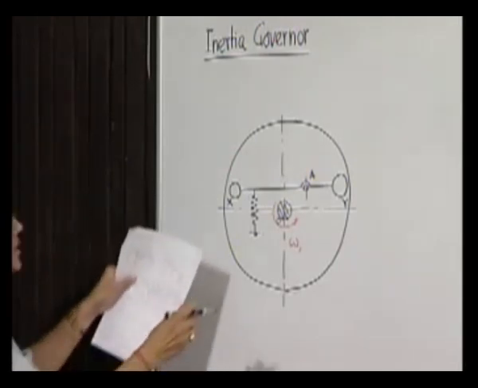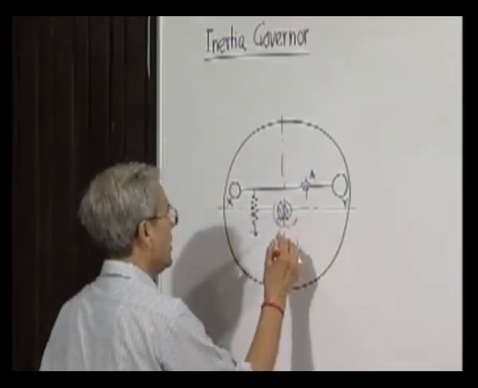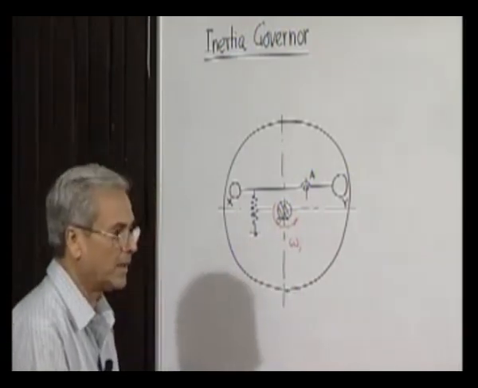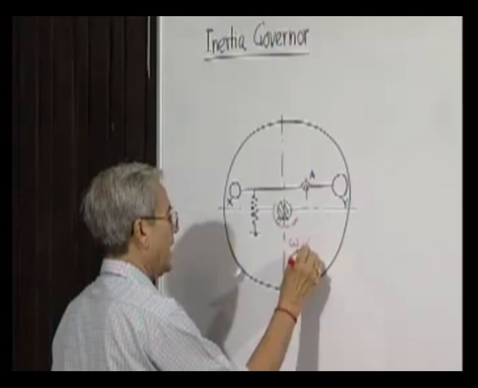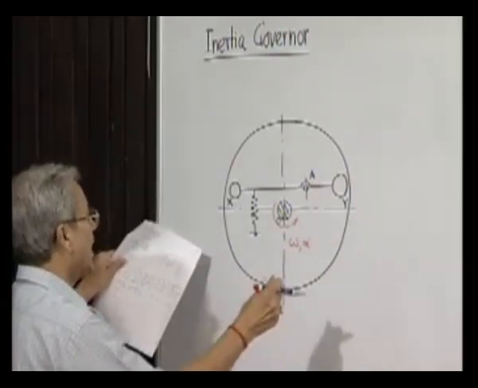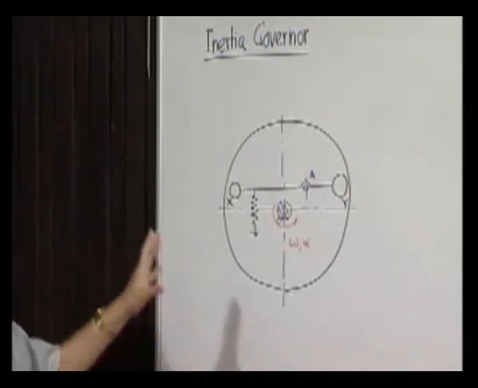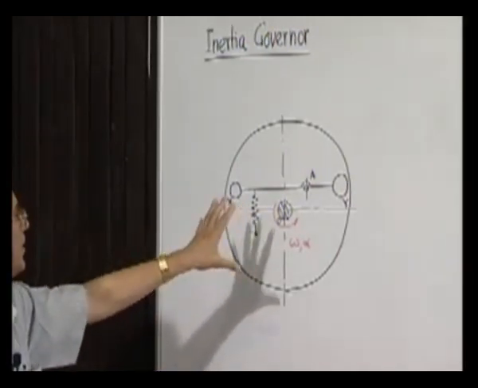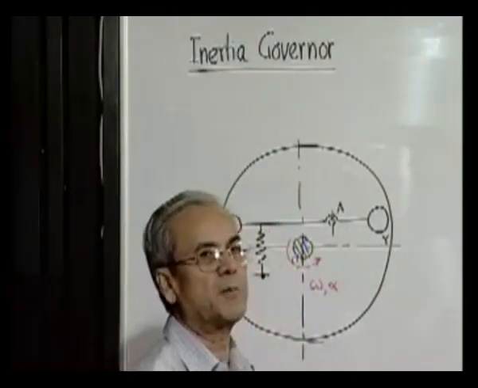Now what happens if it tries to accelerate? That means suppose the load has increased or decreased and this system is trying to accelerate. That means there is an angular acceleration alpha. So if it tries to accelerate in angular direction, we can again analyze the system by bringing it back to an inertial frame using D'Alembert's principle.